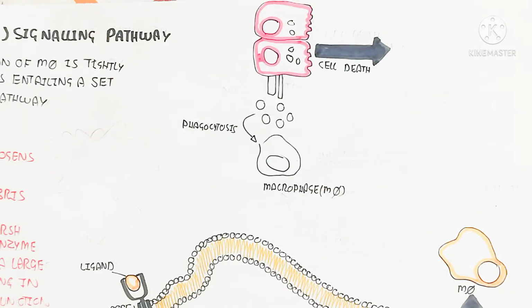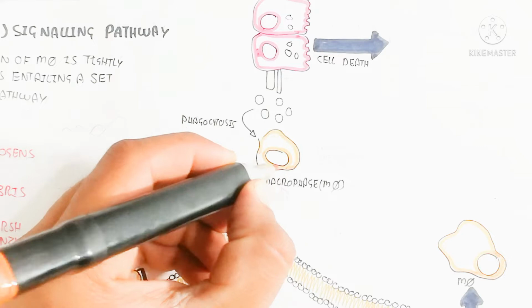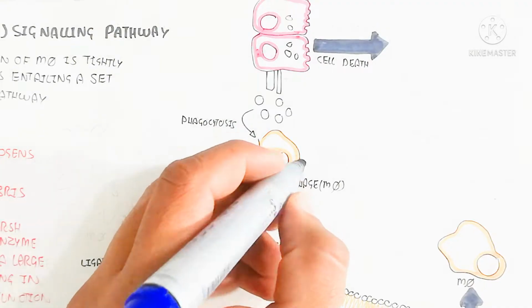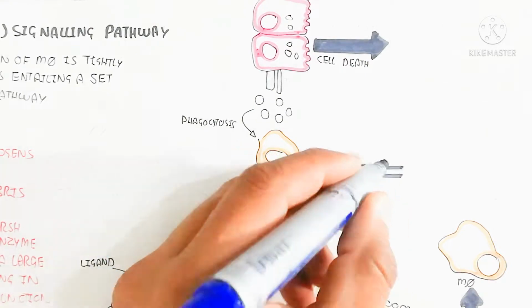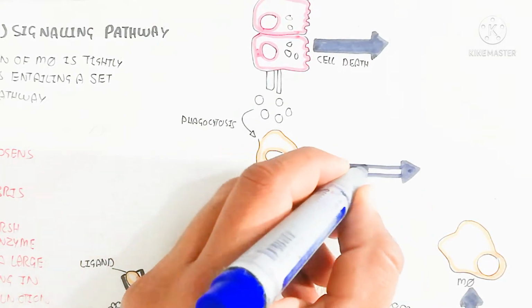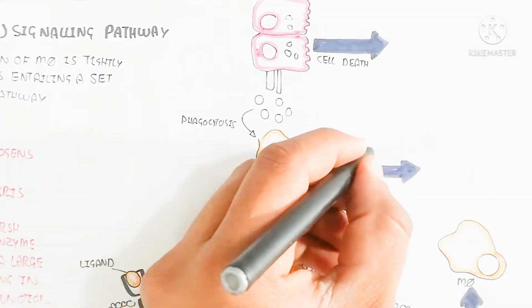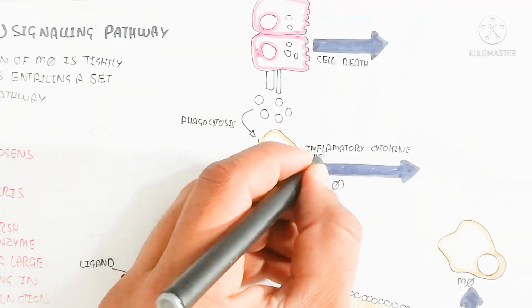Also the CD4 and CD8 T lymphocytes are recruited, and the macrophage engulfs the pathogen related to the infected cell. So it will clear the infection before the pathogen invades the cell.